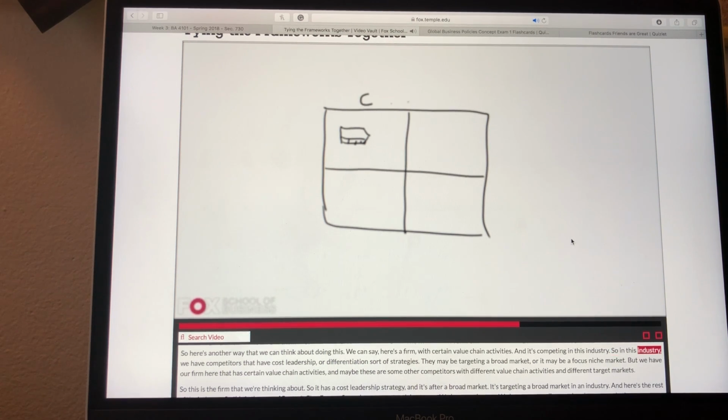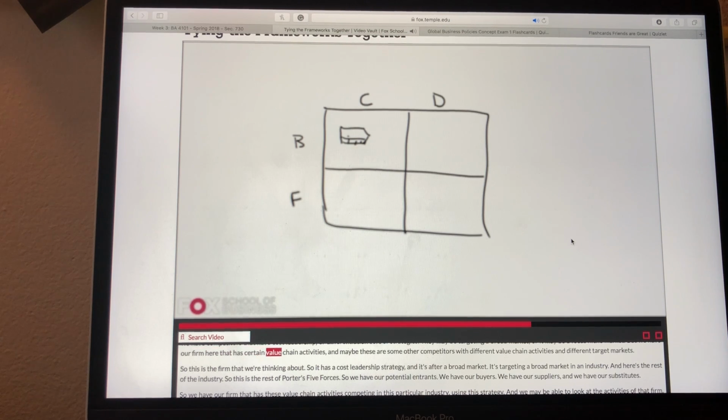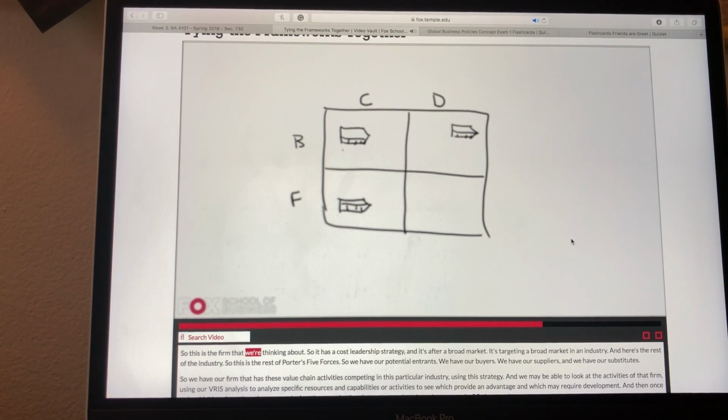So in this industry, we have competitors that have cost leadership or differentiation sort of strategies, right? They may be targeting a broad market, or it may be a focused niche market. But we have our firm here that has certain value chain activities, and maybe these are some other competitors with different value chain activities and different target markets. So this is the firm that we're thinking about, right?